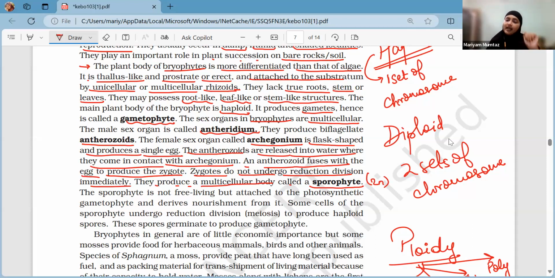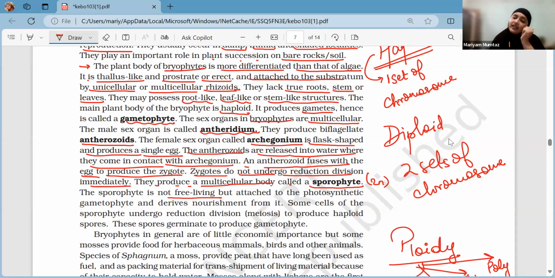So, after the gametophyte produces gametes, the male gametophyte producing male gametes and the female gametophyte producing female gametes, whenever two gametes fuse, one zygote is made. Now, this zygote will not undergo meiosis immediately, but it will produce a multicellular structure, which is called sporophyte. This sporophyte is not free living.